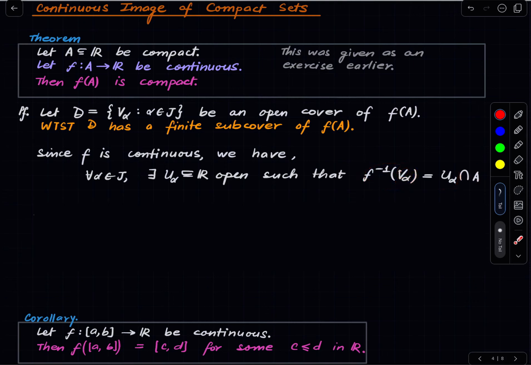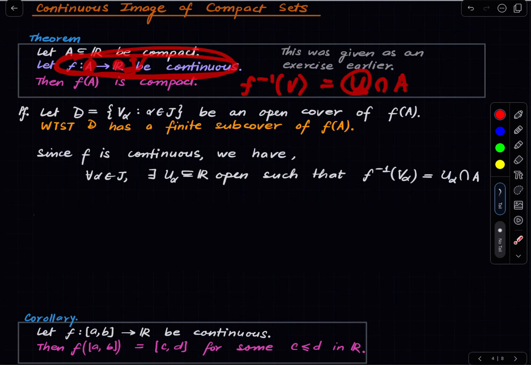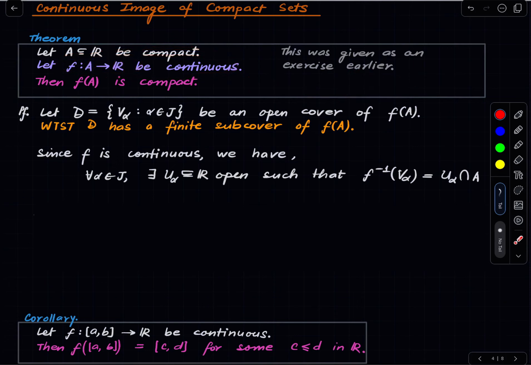So if f is a continuous function, nothing to do with the compactness of A, and you pick an open set V contained in R, then f inverse of V is equal to U intersection A for some open set U. So this is what we showed, and if this is throwing you off, then you can go to the lecture about continuity via neighborhoods. Okay?